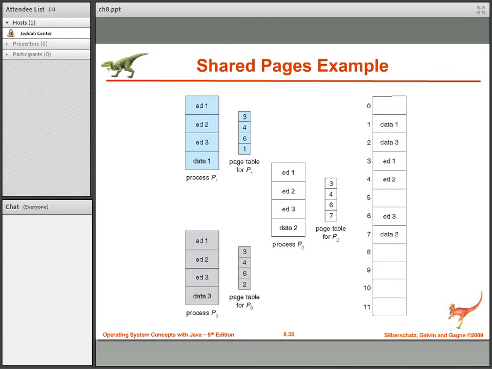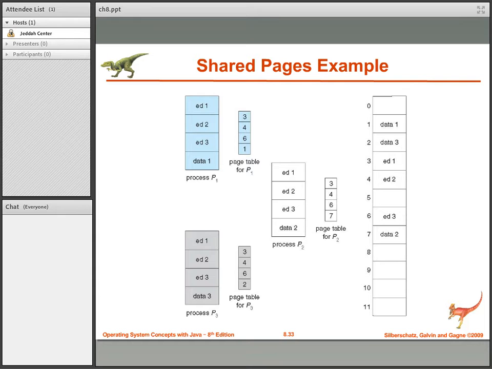Here you have process P1 with edit 1, edit 2, edit 3, data 1. You have process P2, the same thing, edit 1, 2, 3, and data 2. And then process P3 with edit 1, 2, 3, data 3.